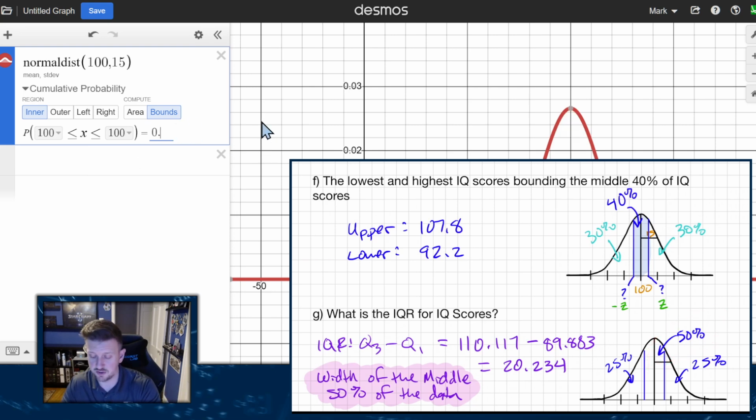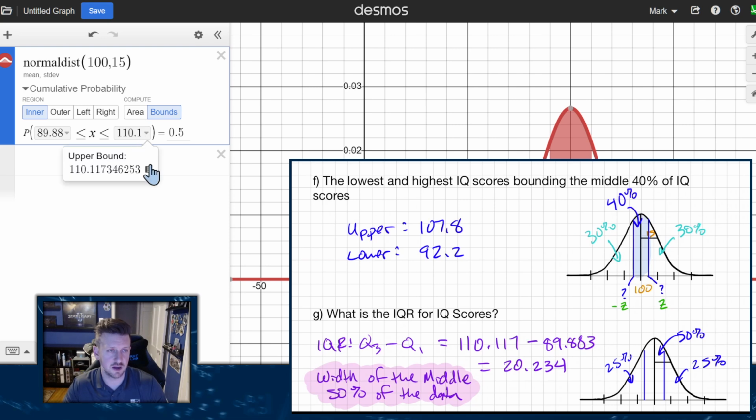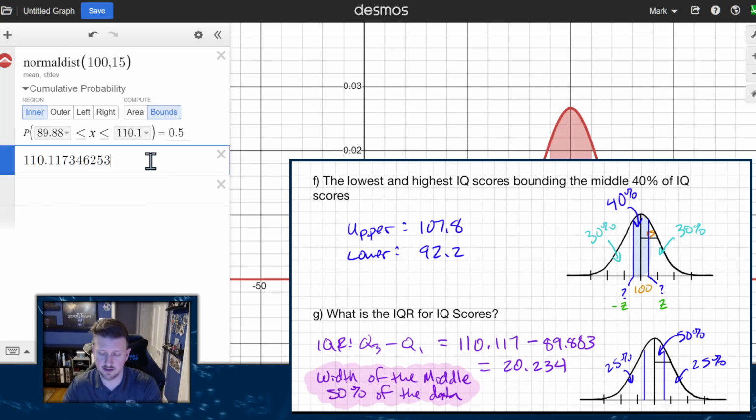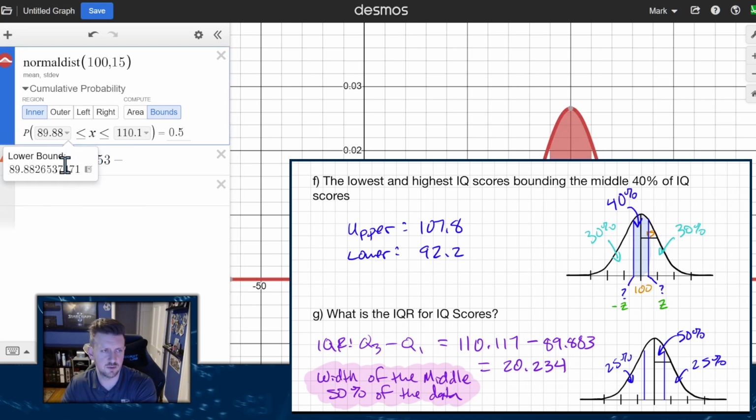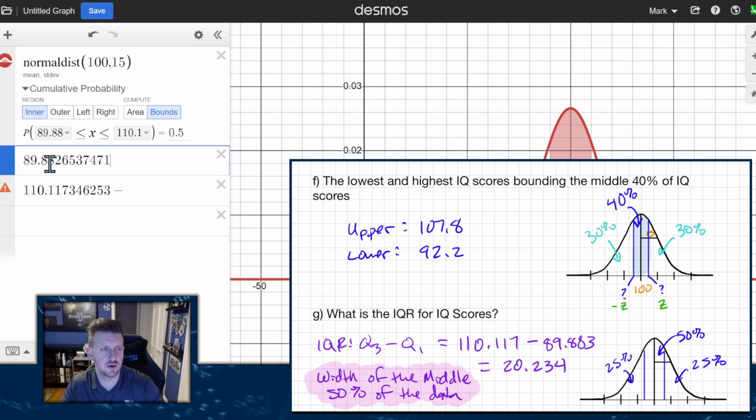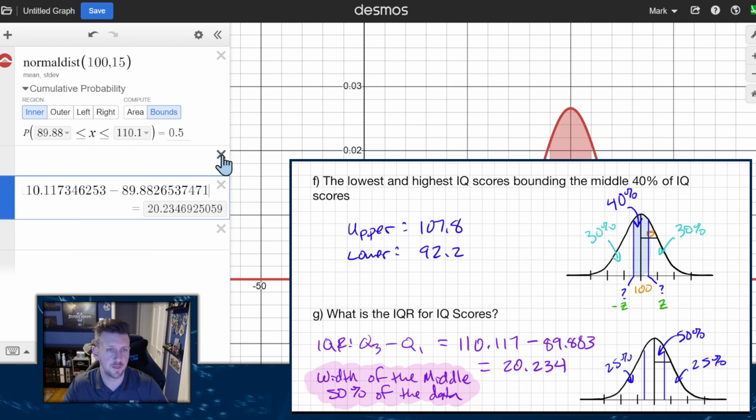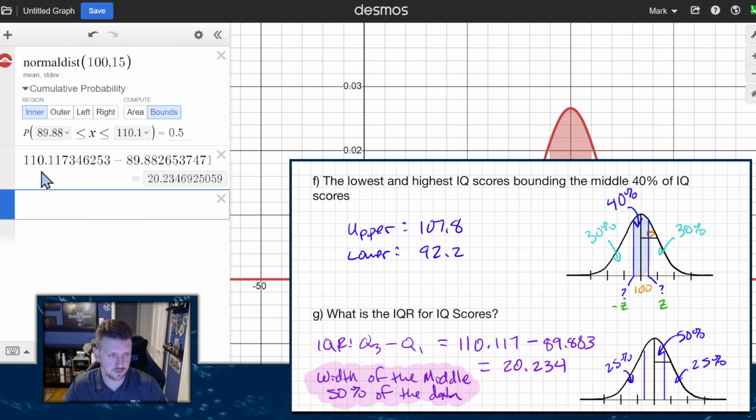So if I change this to 0.5 in the middle, I get these two numbers. I get my upper bound, which is this 110, minus, let me see if it will go in if I do that. No, it won't. But I could cut and paste. There you go. So my 110 minus the 89-ish gives me this 20.234.